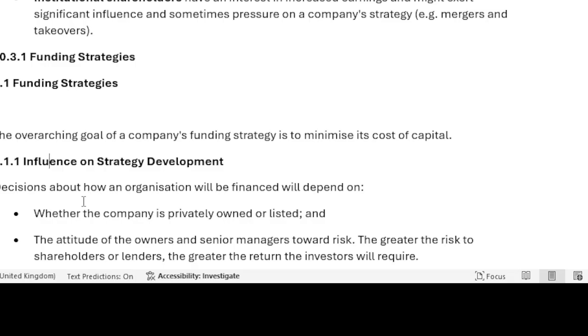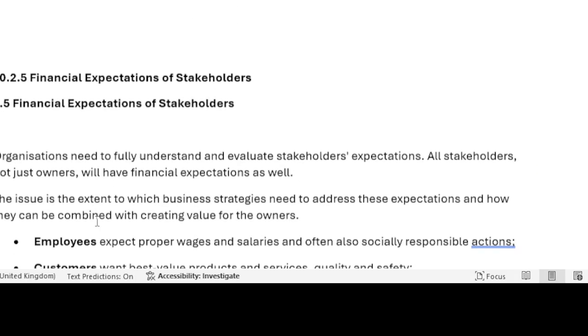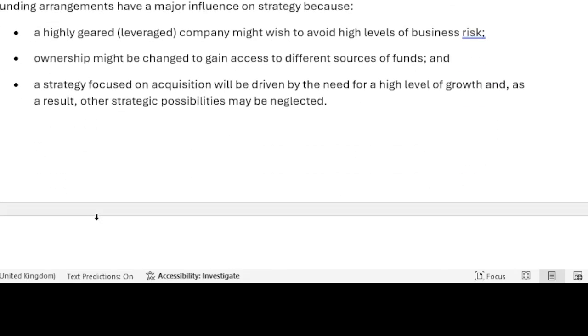Then also the attitude of the owners or the senior managers towards different risks. If there are more risks involved, it means your strategy will be different from someone who has fewer risks involved in their financing strategy, or in their financing goal. So how does that impact?